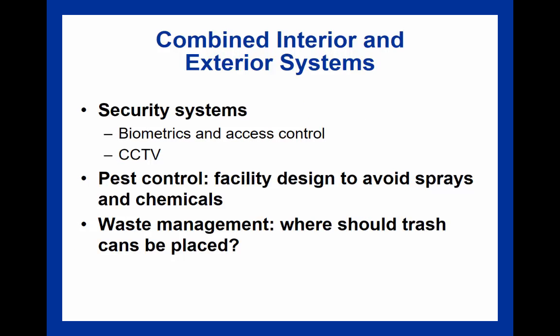The facility then, this chapter ends by talking about combined interior and external systems such as security systems. So biometrics and access control, being able to scan people's eyes or fingerprints, or closed circuit television. One of our recent facility tours here included a room where the management could access over 100 different cameras that were connected through Wi-Fi to a central area where all those cameras could be brought up on flat screen television, and those cameras are remote controlled.